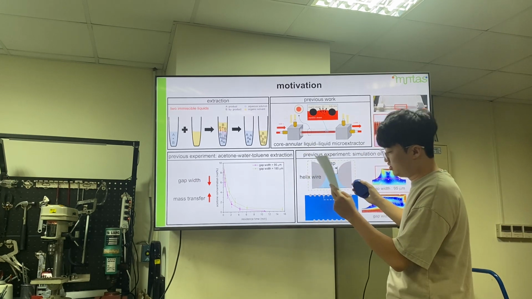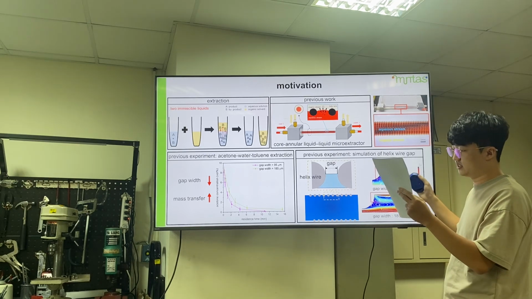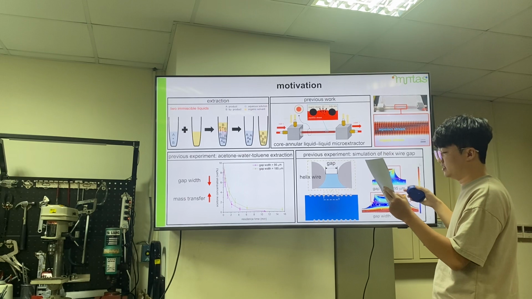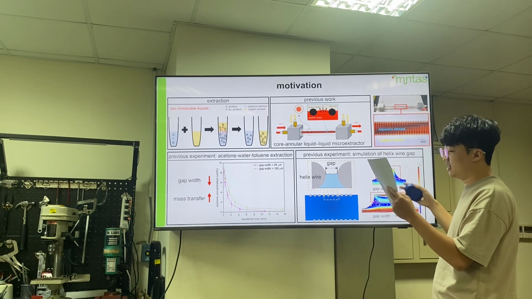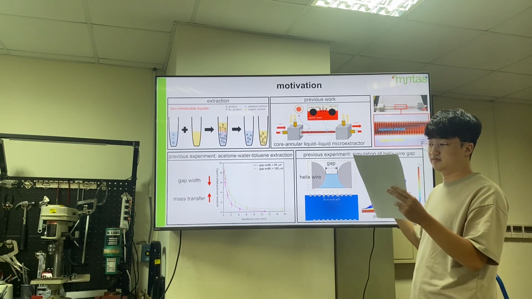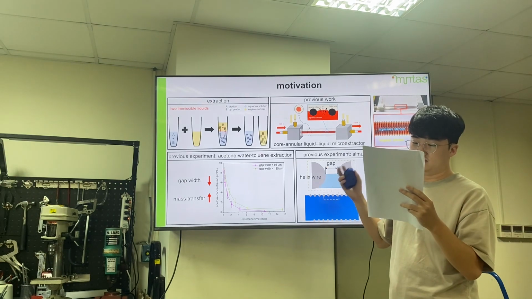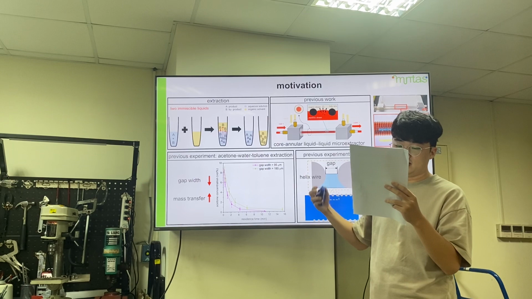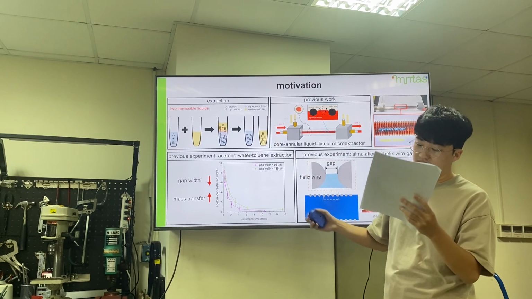A CFD simulation confirmed that smaller gaps generate vortices, thereby enhancing heat and mass transfer. Our objective is to expand the gap size while preserving the vortex to optimize the CALLNE system.